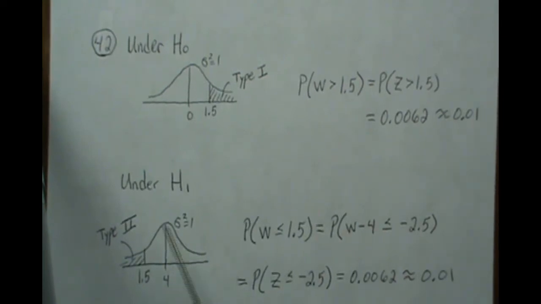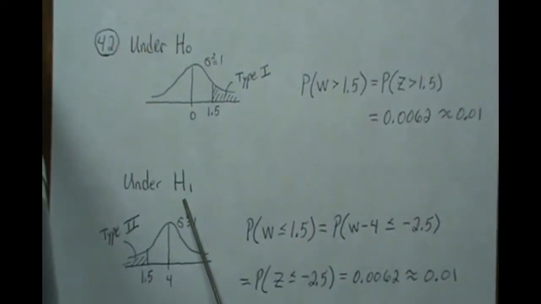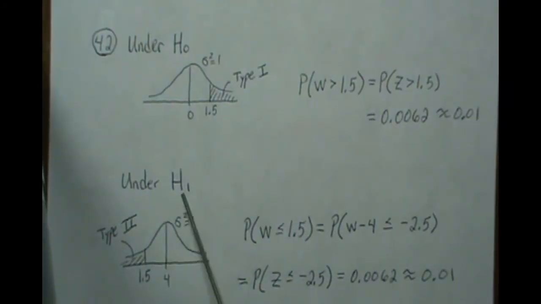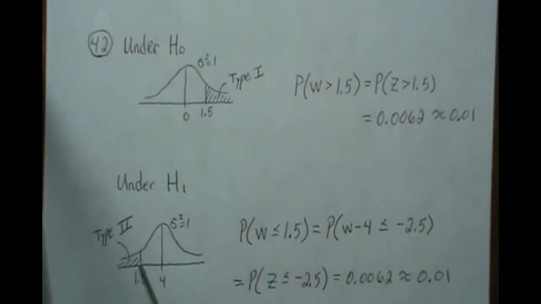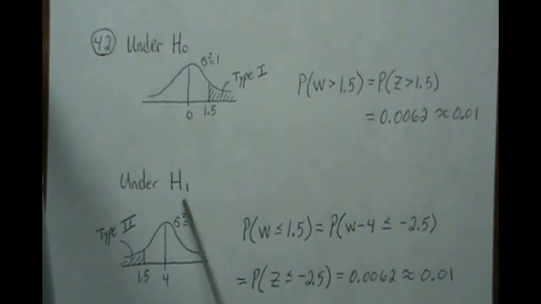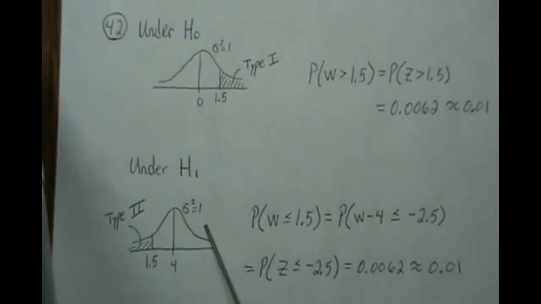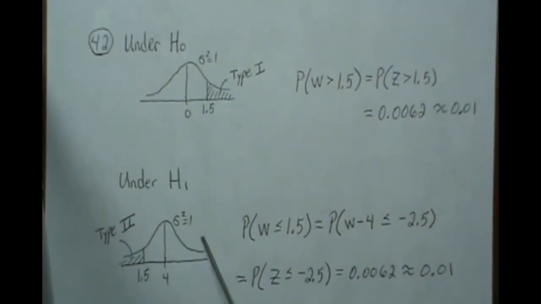Now to find the probability of a type 2 error, we have to assume that the alternative is true, which means we're under H1, and we do not reject, so it means we're less than 1.5. But since the alternative is true, this is the distribution. It's assumed to be a mean of 4 and a variance of 1.